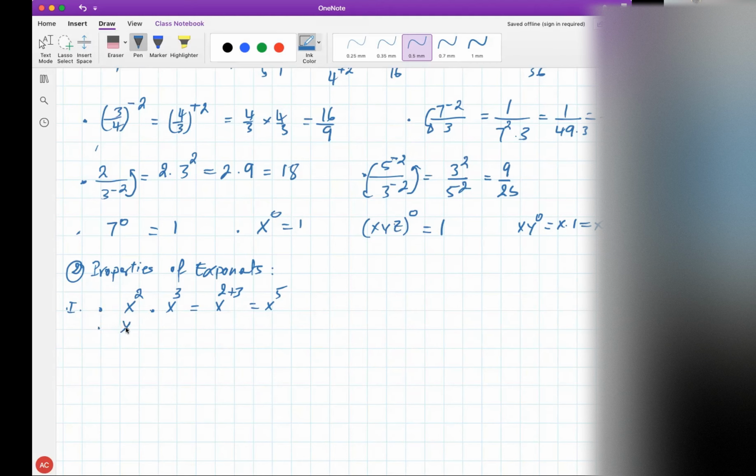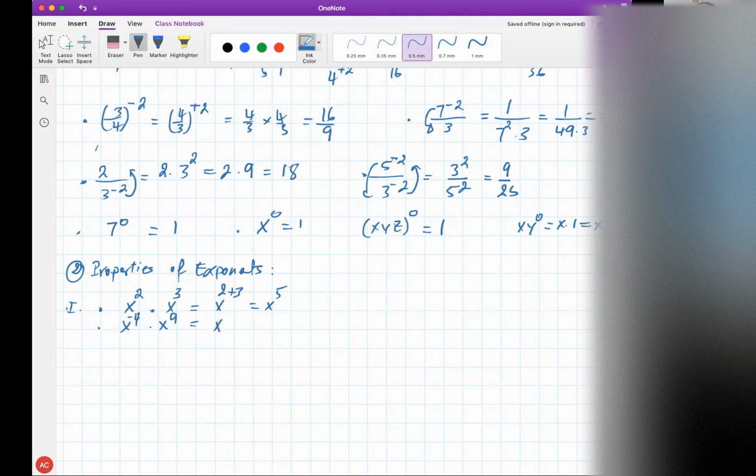Let me give you another example. Let's say you have x to the power -4 times x to the power 9. So again, multiplication, same base. What is that equal to? If we combine the powers, what do you get? x to the power 5. That's right, x to the power 5.